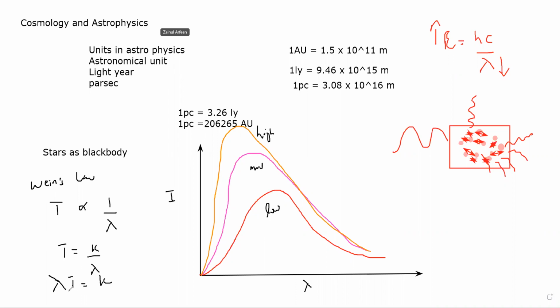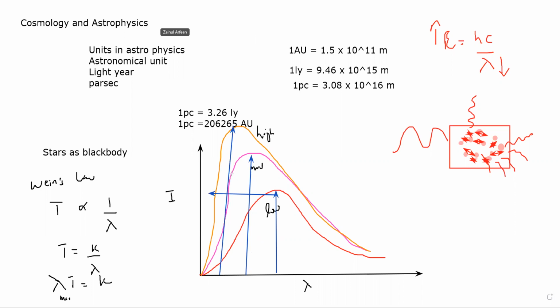But what is this lambda? This lambda is not the maximum wavelength. When we write lambda max, it does not mean maximum wavelength, it means the wavelength for which the intensity is maximum. Like here, as we increase the temperature, the lambda max, or the wavelength at which maximum intensity occurs, shifts to the shorter side.